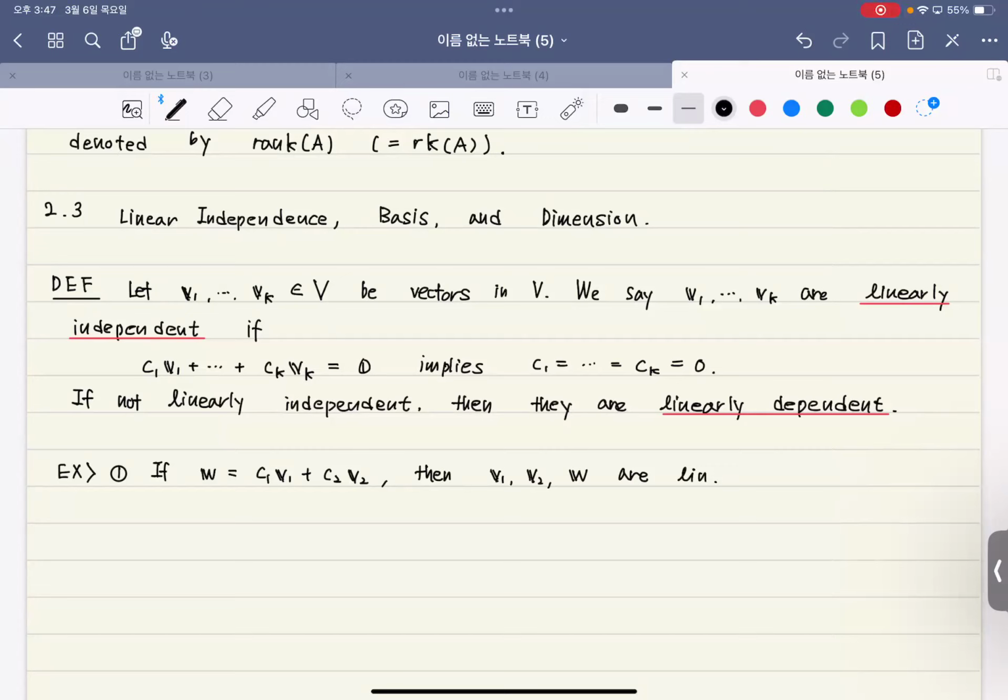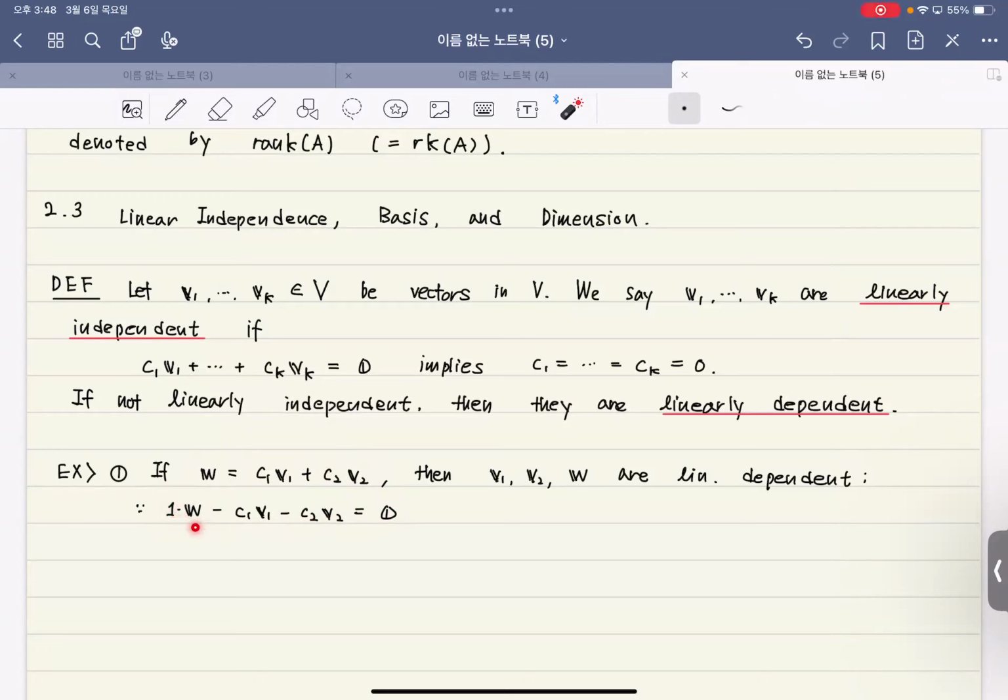Linearly dependent. Why? If we move these two terms to the other side of the equation, there is an invisible 1 in front of W, which is not 0.